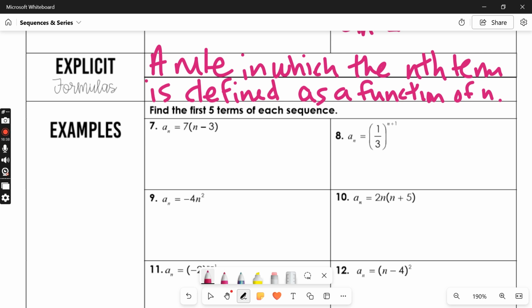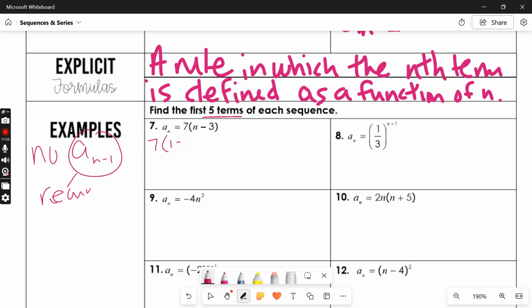So it says find the first 5 terms in the sequence. On an explicit formula, notice it doesn't have the a n minus 1, okay? This is for recursive. For explicit, I'm just going to plug in. In this case it says 5 terms, so the number is 1 through 5.